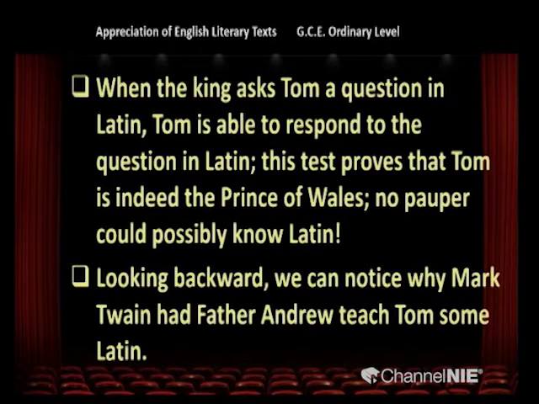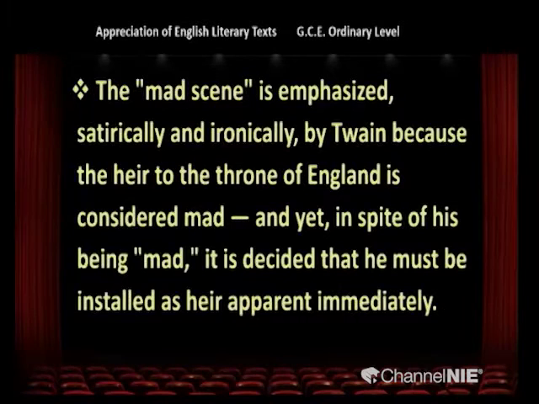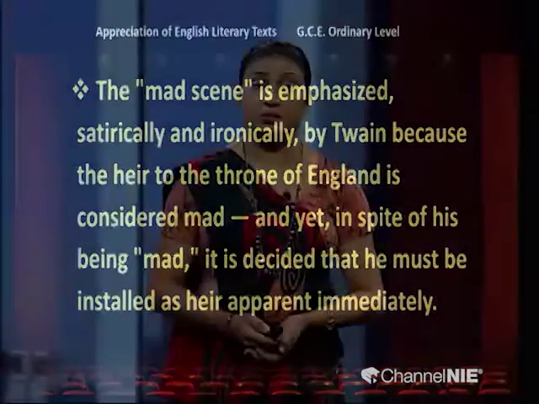He purposely did that. The mad scene is emphasized satirically and ironically by Twain because the heir to the throne of England is considered mad, and yet, in spite of his being mad, it is decided that he must be installed as heir apparent immediately, because there should be a king for the country.